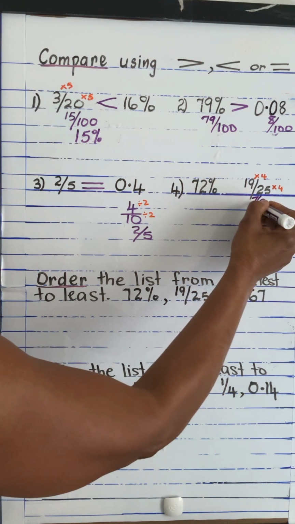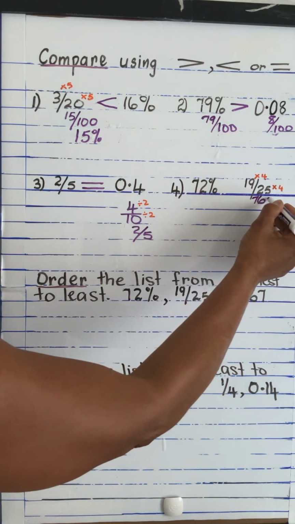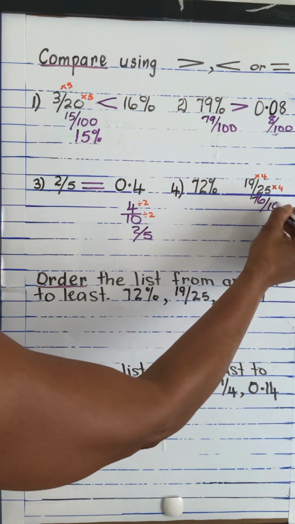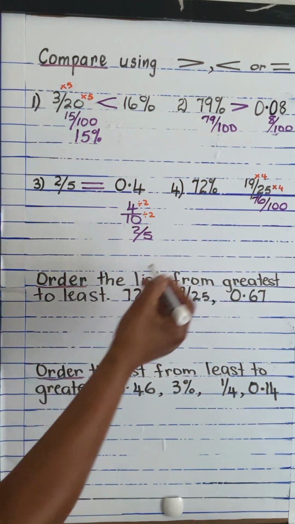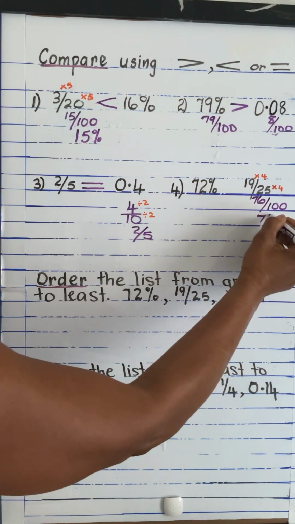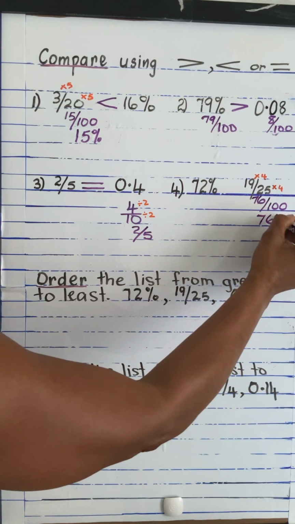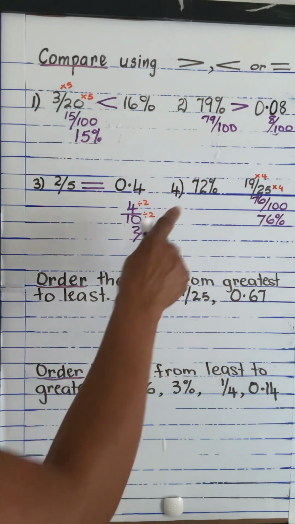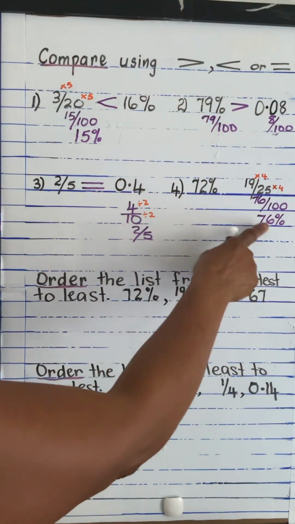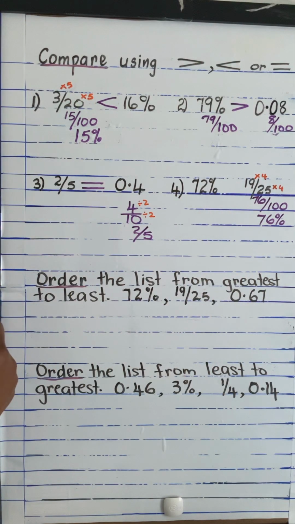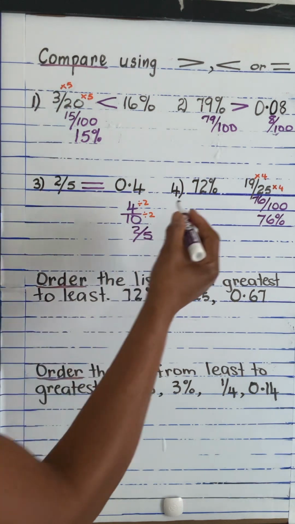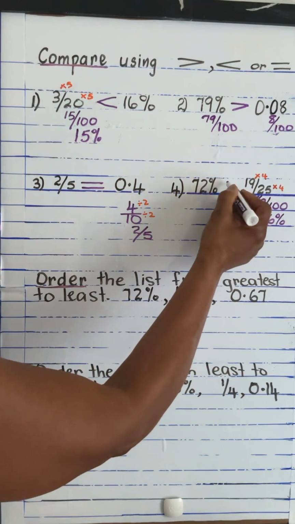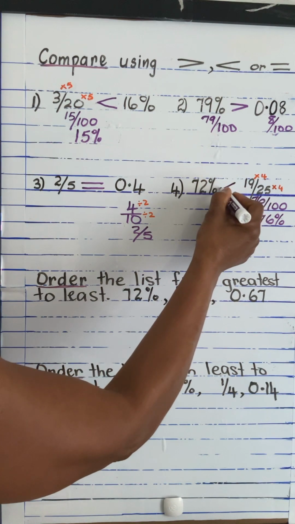So that is 76. 4 times 25 is 100. And 76 over 100 is 76%. So therefore, 72% and 76%: 72% is less than 19 over 25. Less.